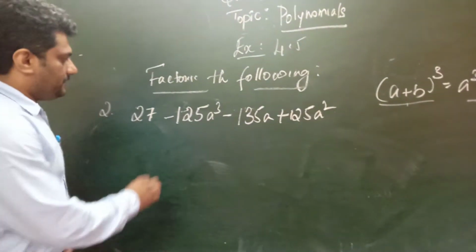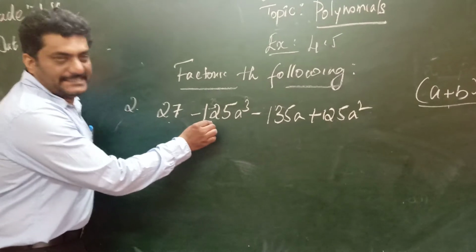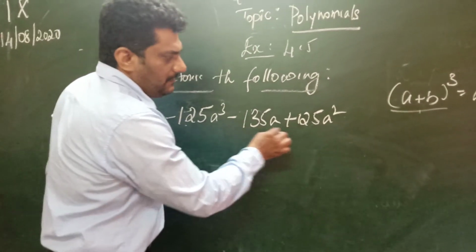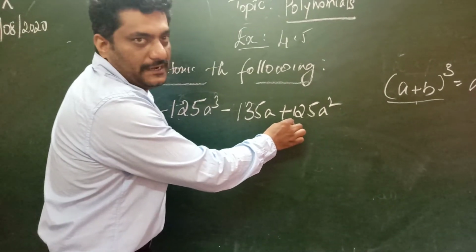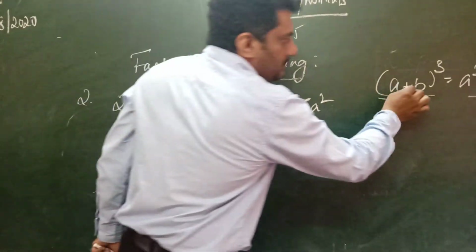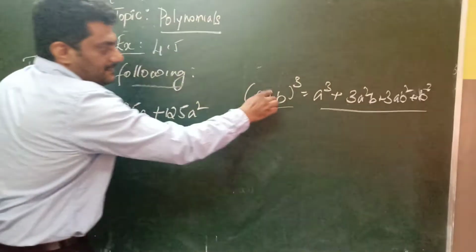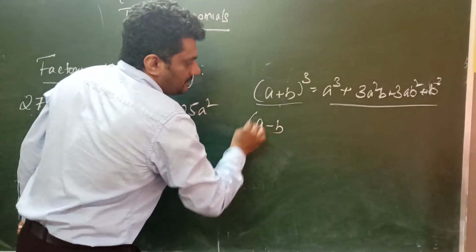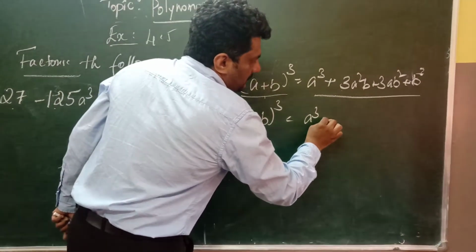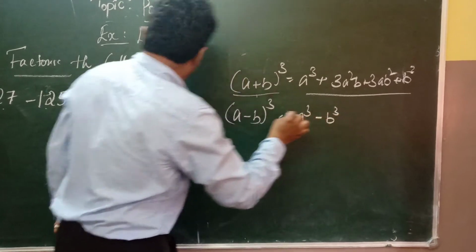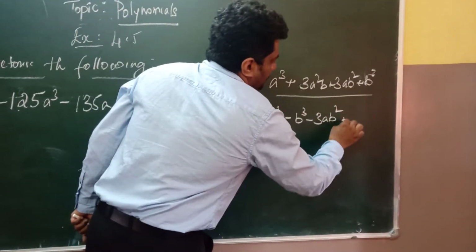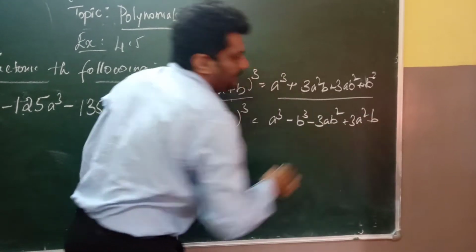The second problem is 27 minus 125a cube minus 135a plus 225a square. Now in this we have negative, so we cannot use this identity. The next identity which we have is a minus b whole cube, which is nothing but a cube minus b cube minus 3ab square plus 3a square b.